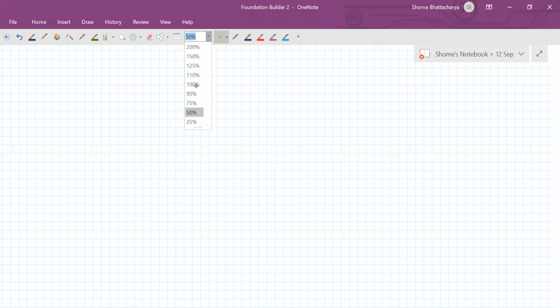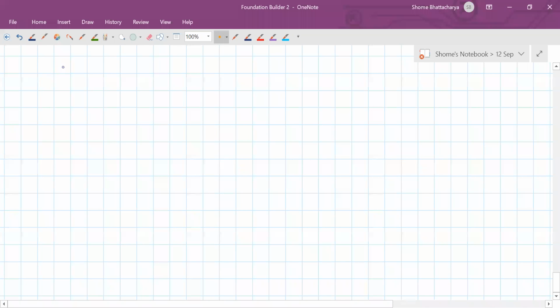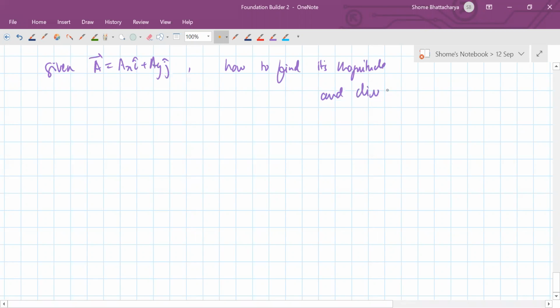Okay, now next thing, given a vector in component form, how to find its magnitude and direction.